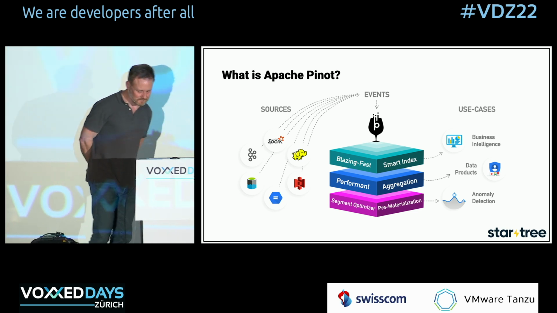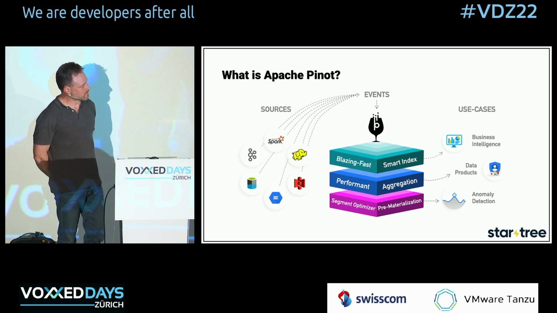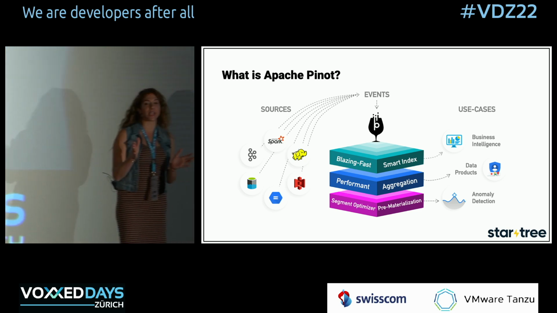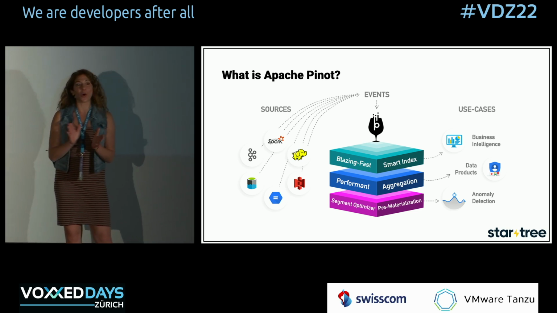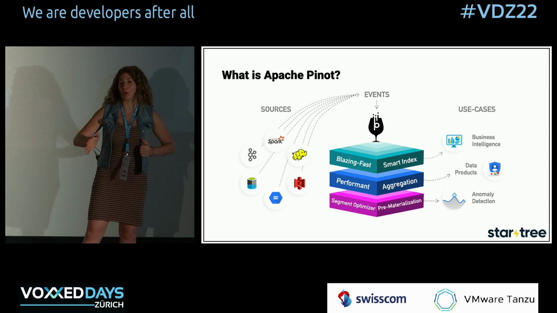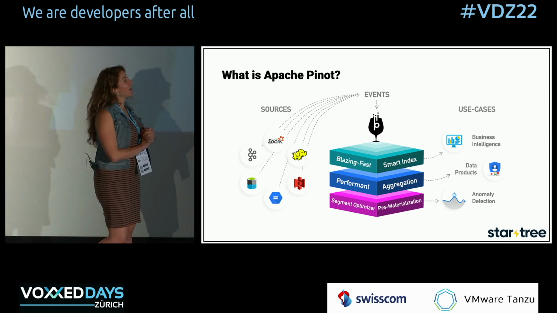All right, so I'll give you a little bit of what is Apache Pinot. Apache Pinot, by definition, is a distributed OLAP data store for high throughput, low latency queries.